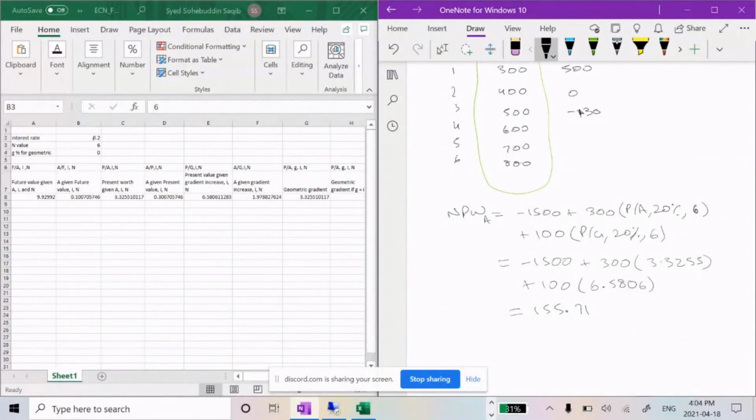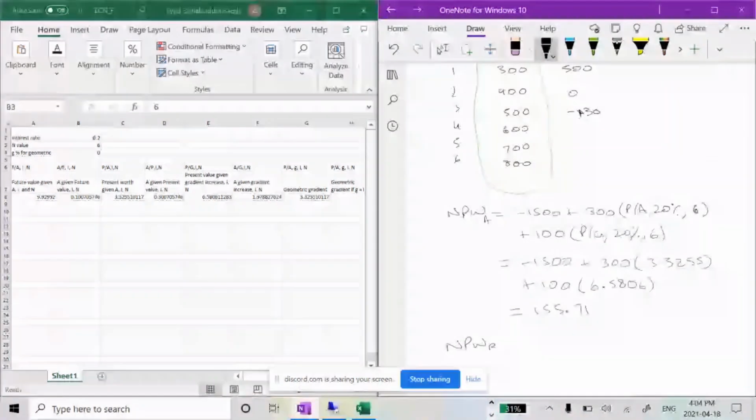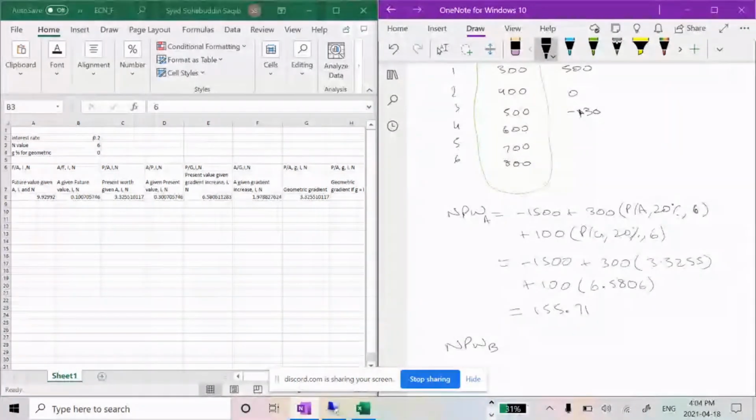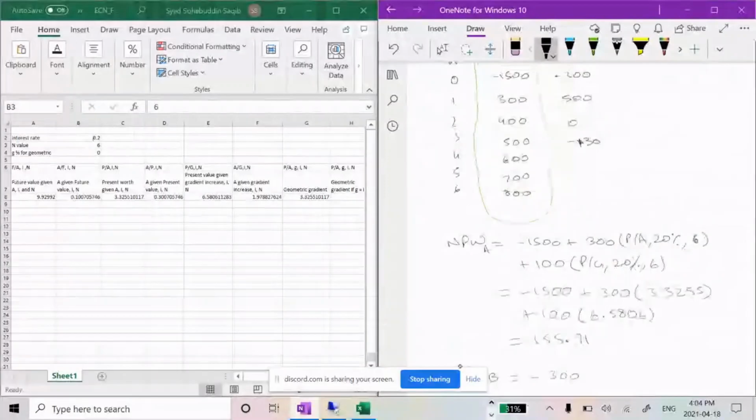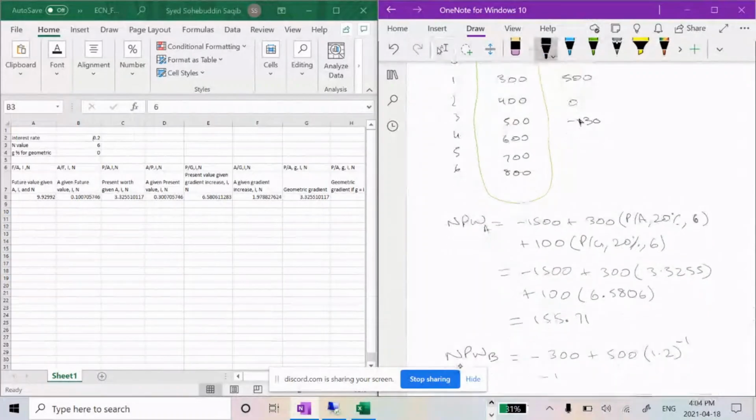Then, I'll do that after I do B. Present worth for B at 20% is minus 300 in year 0, plus 500 times 1.2 raised to the power minus 1, and minus 130 times 1.2 raised to the power minus 3, because we're taking back 3 periods.